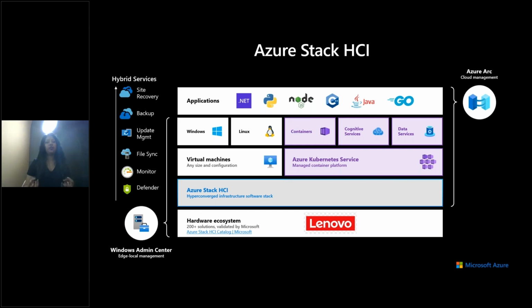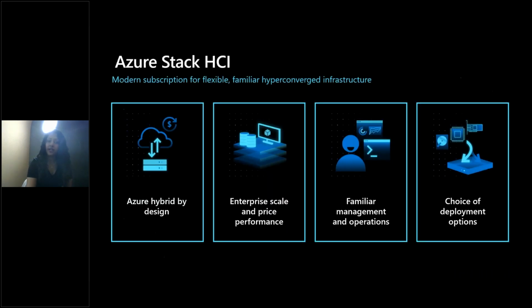And these are just a few examples of the services that are available today. This list is constantly expanding. So that's just the long and short of what Azure Stack HCI really is. And it's essentially a server where you run an operating system, you run your virtual machines, and you bring Azure services on-prem.